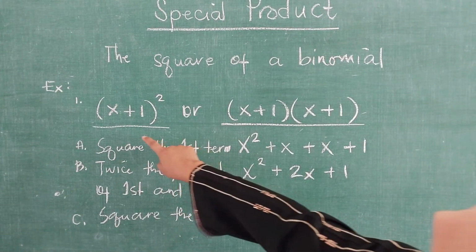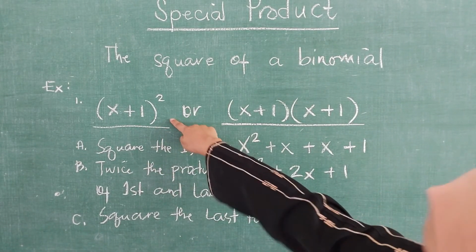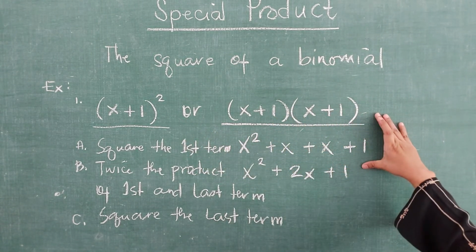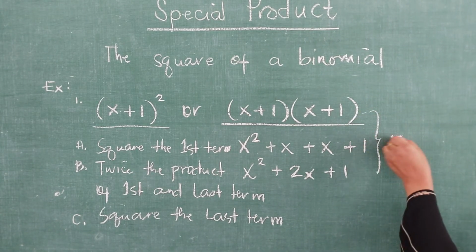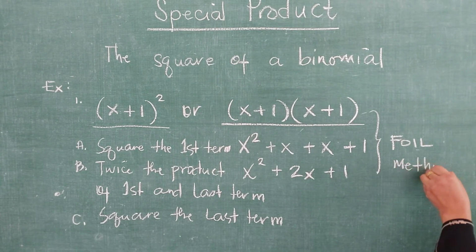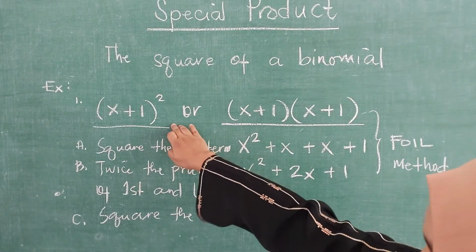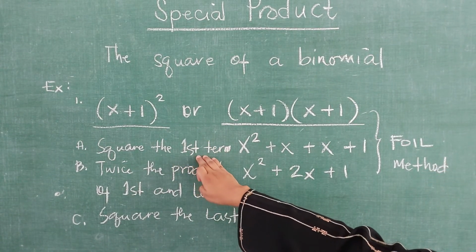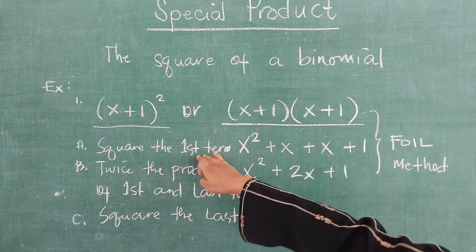So, (x plus 1) quantity squared, hindi tayo pwedeng gumamit ng FOIL method. Unlike dito, x plus 1 times x plus 1, pwede tayong gumamit ng FOIL method. Okay, so dito sa example na to, unang step, square the first term. First identify saan yung first at saka last term.